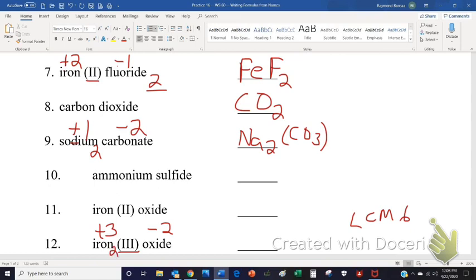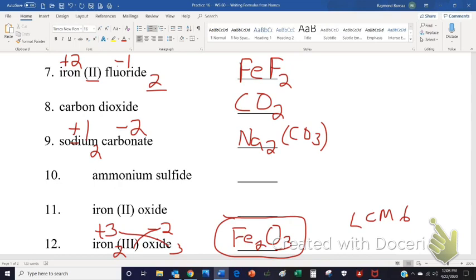How many 2s make 6? 3 of them do. So iron is Fe with 2 of them, and oxygen, as you see right there, is O3. Or remember, I can do the 3-2 switcheroo. So I'm going to erase these. And remember, that 3 comes down here, and that 2 comes down here, and no plus or minus. So my answer is still Fe2O3.